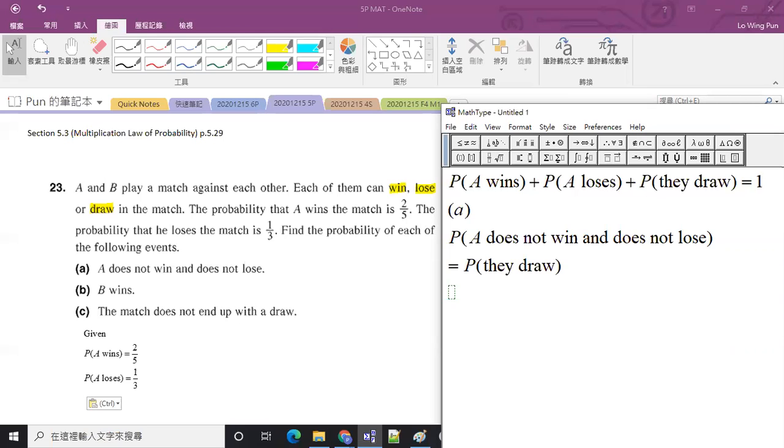Now I want to find one of them, the P(they draw). Then that should be equal to 1 minus the other two, minus P(A wins) minus P(A loses). So that should be 1 minus 2 over 5 minus 1 over 3, and that should be equal to 4 over 15. Am I correct? Yes.